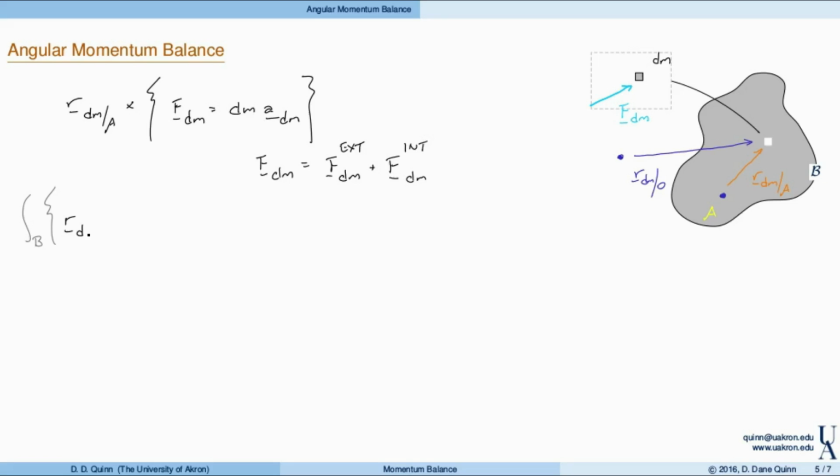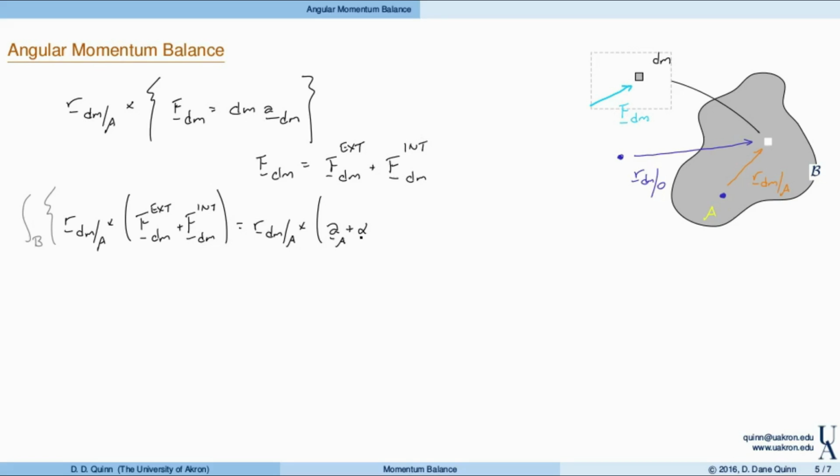So we have position of dm with respect to A cross the force, which again is written in terms of external and internal components. And then the position cross the acceleration. And so again, the acceleration we'll write in terms of this point A. And at the moment, A is arbitrary.